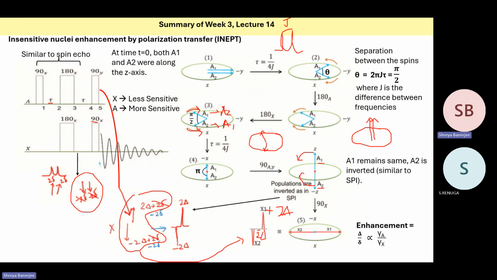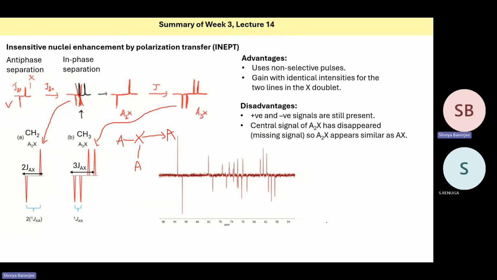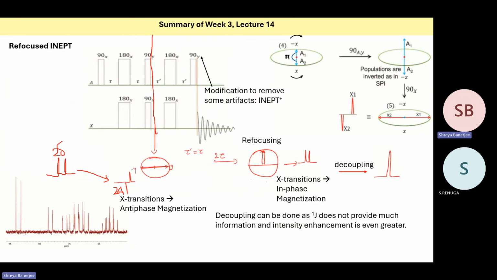Similarly, X1 and X2 are also moving towards each other. If you allow this time 2 tau to pass, we saw in time tau it is traveling pi by 2. So in 2 tau it will travel another pi. They will come together, and the signal will refocus.